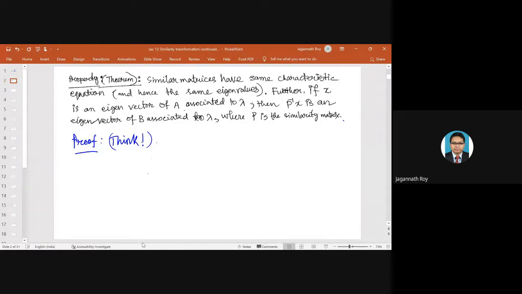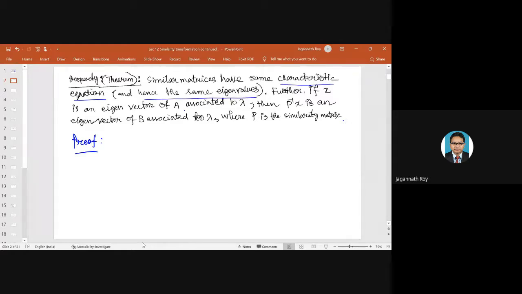Now the question is whether we can get any more important information about similar matrices without much difficulty. So there is a theorem. It says similar matrices have the same characteristic equation and hence the same characteristic values.